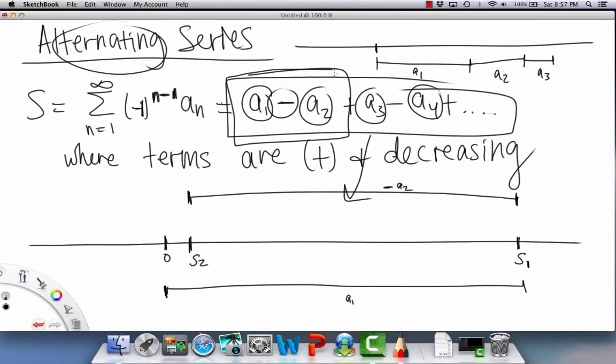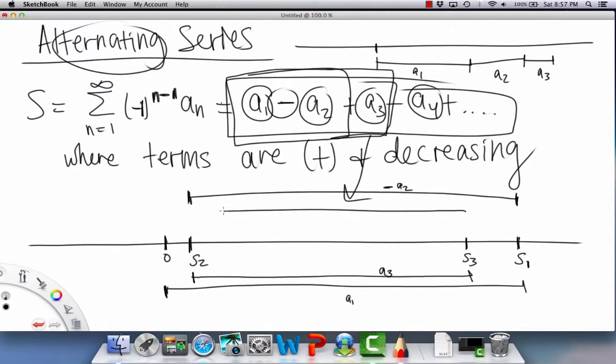And now let's look at the third partial sum, where we're including the plus A3. So we're up to this point here, and then we add the third term, which has to be shorter than the length of the A2 factor here. So this is positive A3, and then we have our third partial sum, and it's just going to keep going back and forth. If we do the fourth term, here's A4, and this is going to be a minus, because we're alternating.